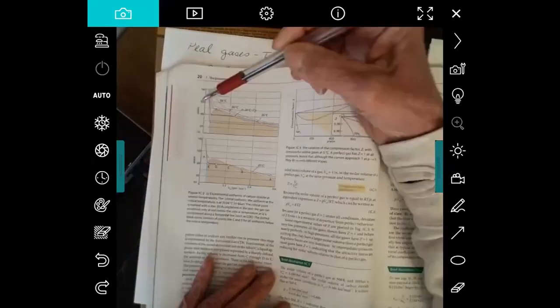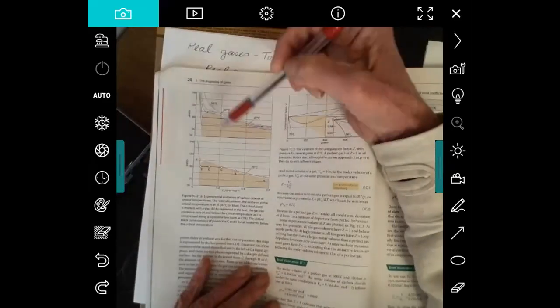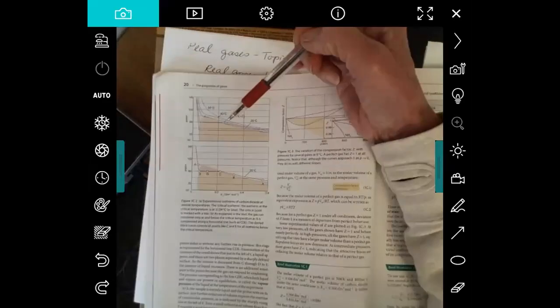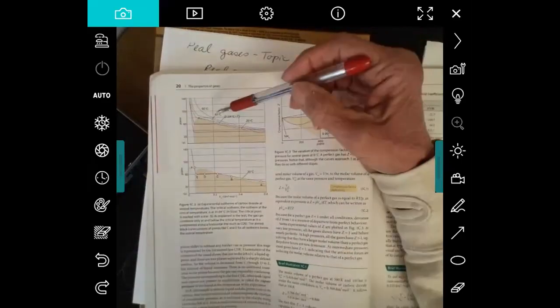So when we look at this next page, we want to think about that whole idea that gases can condense into liquids. If you're above some temperature, you have PV diagrams, isotherms. Each of these lines has a constant temperature. This is on page 20 if you'd prefer to be looking at your own book.